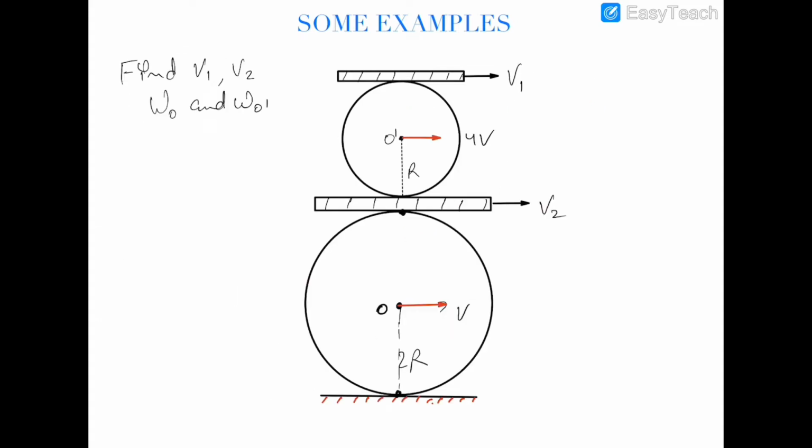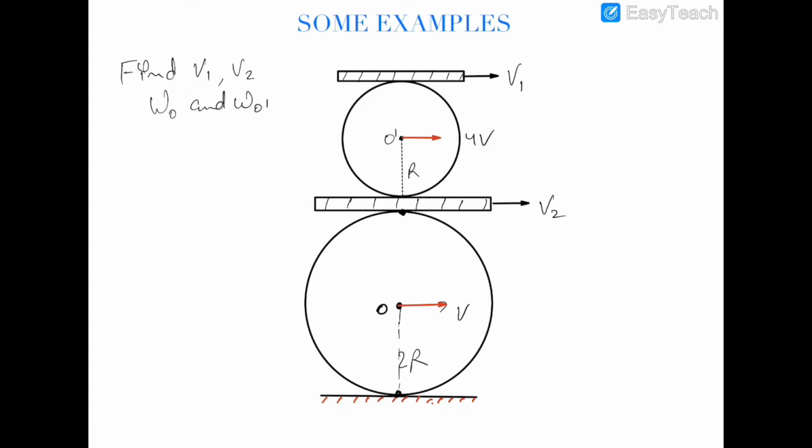In this question you can see that there are 2 rings of different radius, and their center velocities are given. We have to find out the velocity of these planks V1 and V2, and also the angular velocity of both the rings. And obviously it is mentioned in the question that pure rolling is occurring at all the contacts.